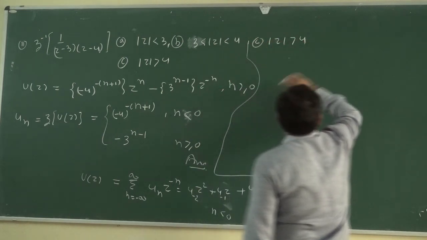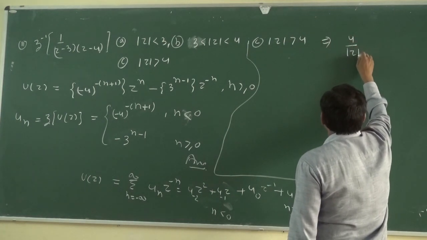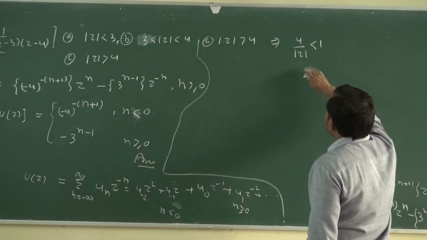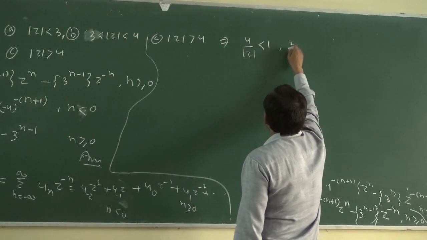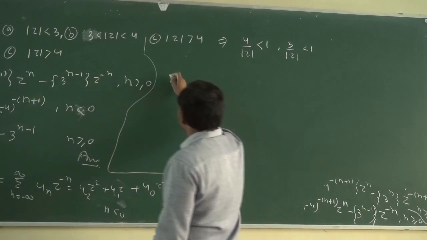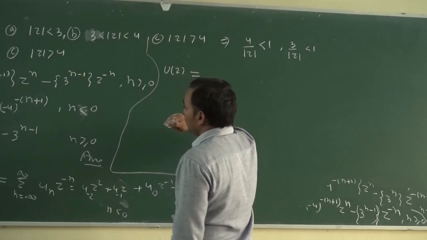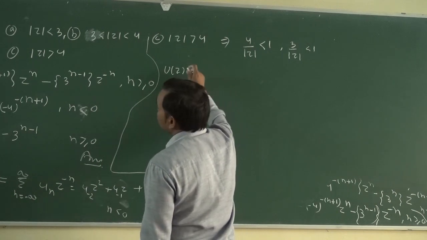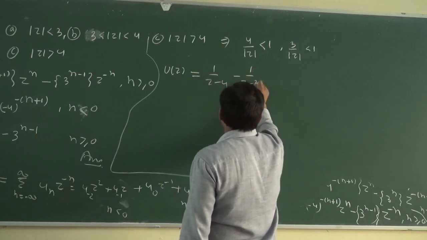See, this can be written as 4 upon mod z less than 1. This implies that if 4 upon mod z is less than 1, then 3 upon mod z is also less than 1. And we know that u of z in terms of partial fractions is 1 upon z minus 4 minus 1 upon z minus 3.